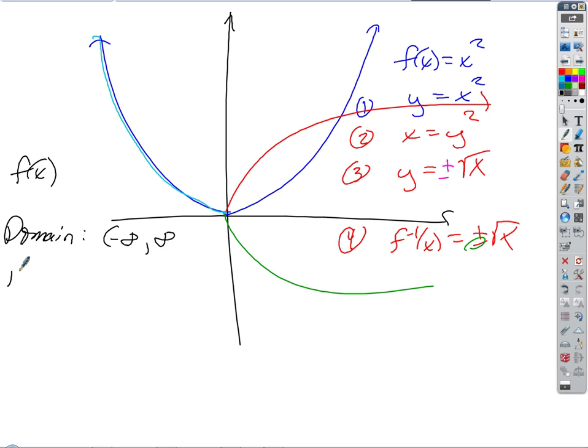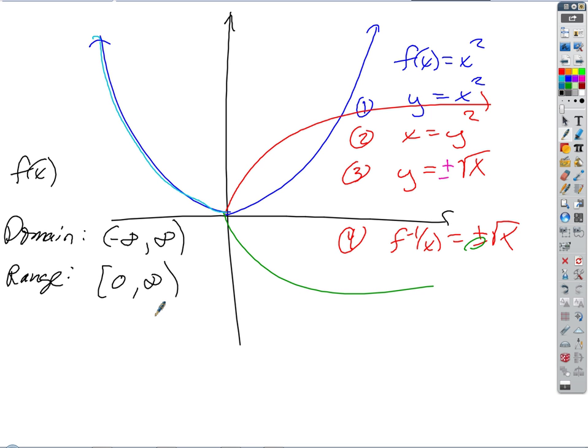What's the range? Y is greater than or equal to 0. Everybody agree? Okay, does that make sense?